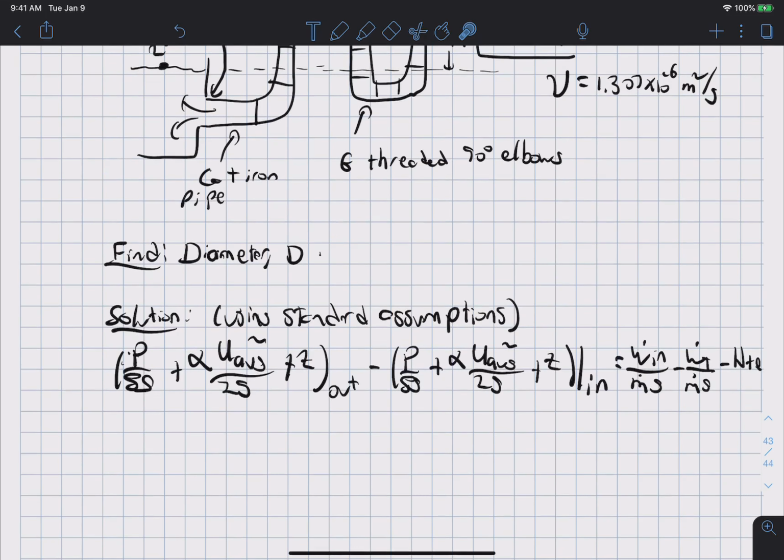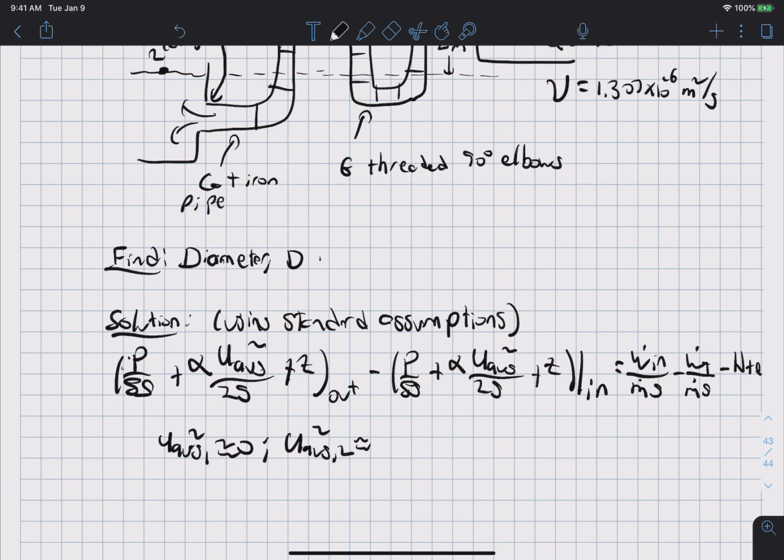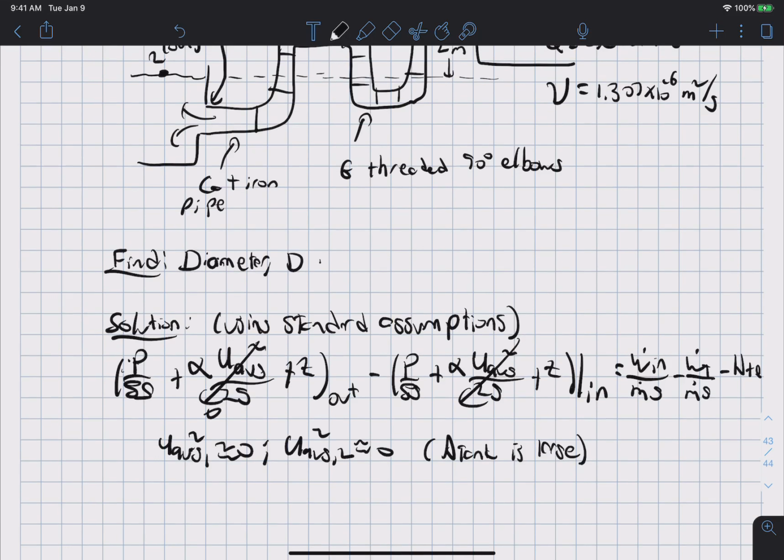So we can say that U average 1 squared is small, and U average 2 squared is small, because we're assuming the tank is large. Okay, so that means these two terms go away. We don't care about them.